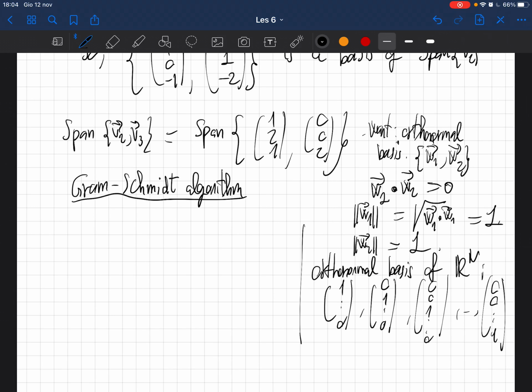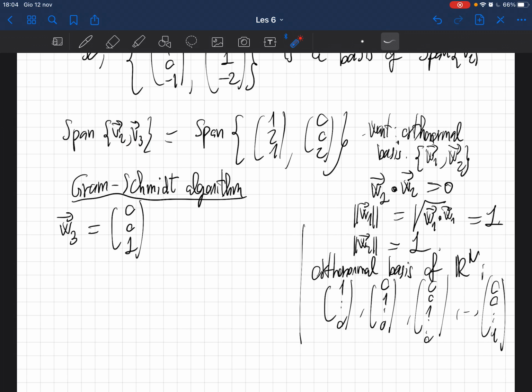With the algorithm, you would take, let's say, W3, just keep the numbers, 0 0 1, which is just the third vector, but normalized.